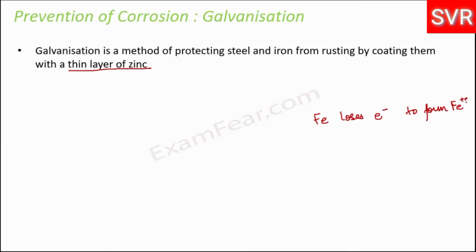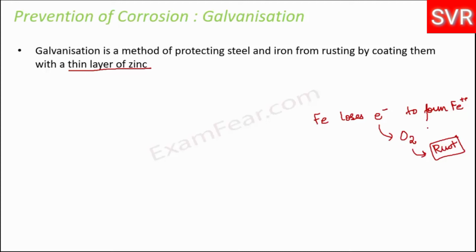So iron loses electrons to form that positive ion. Now if this electron is taken by oxygen, in that case rust is formed. For rusting to take place, we need air and water, from where we get this oxygen. So if oxygen takes this electron, we see that iron oxide, which is rust, is formed.